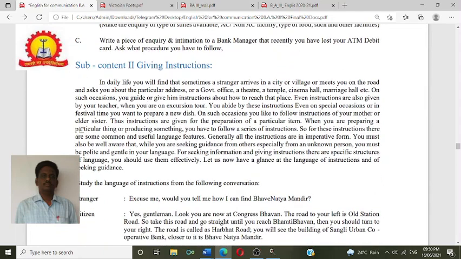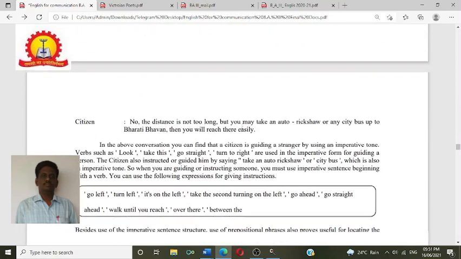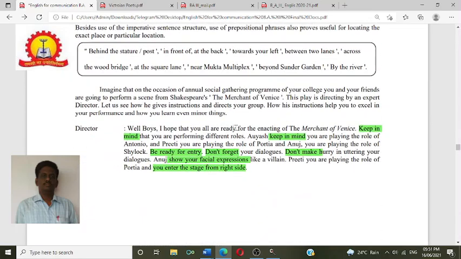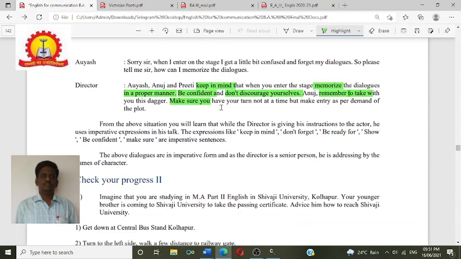We learn that in giving instructions we are supposed to use imperative tone, and prepositional phrases when giving instructions regarding a place or address. In a general situation where the director is giving instructions, you can use expressions like keep in mind, be ready for entry, don't make hurry, show your facial expression, you enter the stage from the right side.